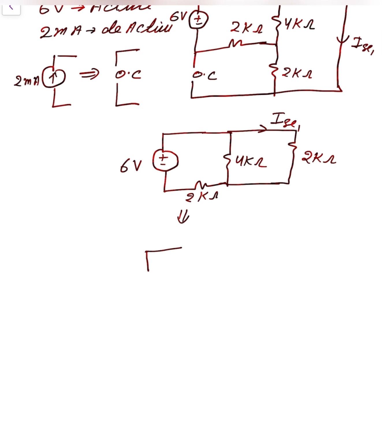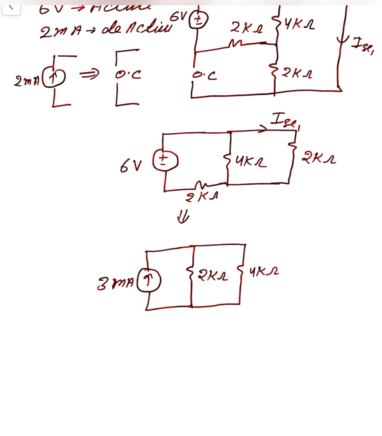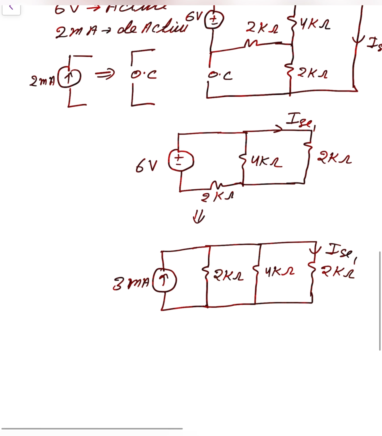Using source transformation, the 6 volt with 2 kilo ohm is written as 3 milliampere with 2 kilo ohm in parallel, then 4 kilo ohm, and here 2 kilo ohm. What about source transformation?